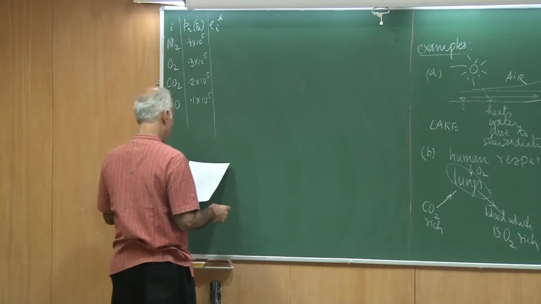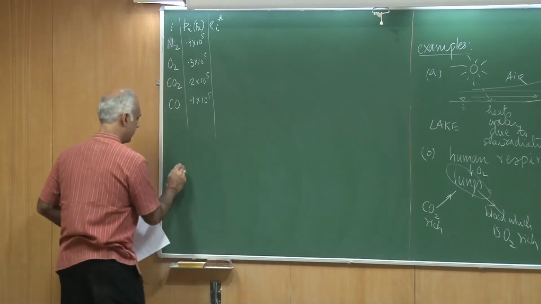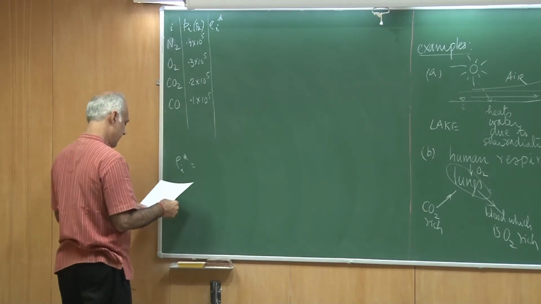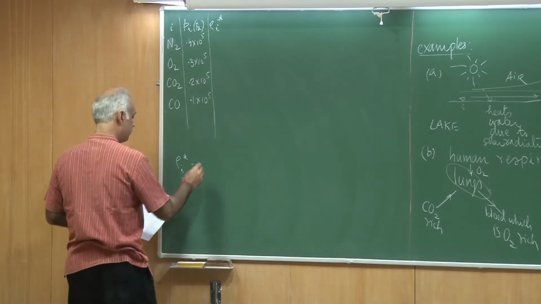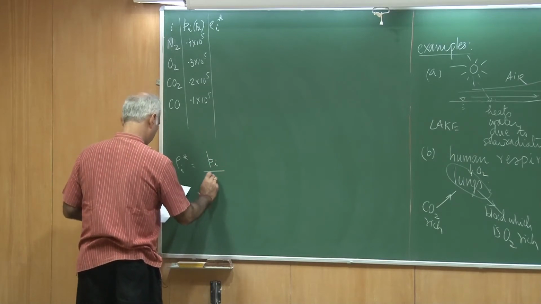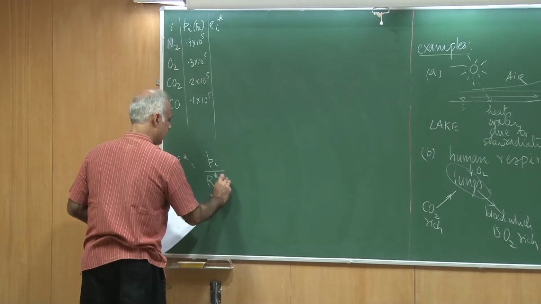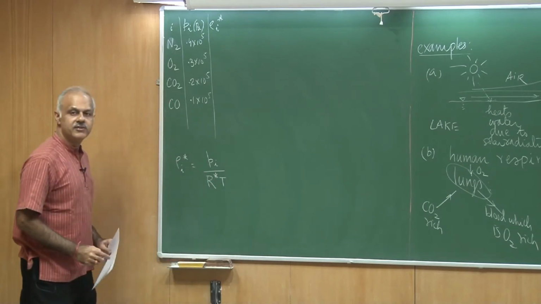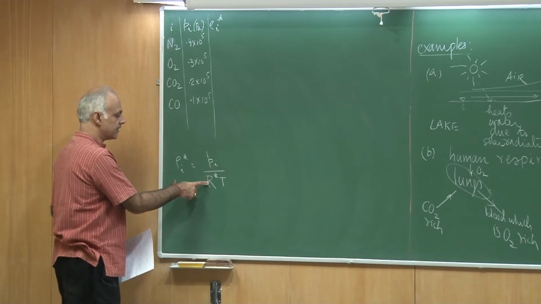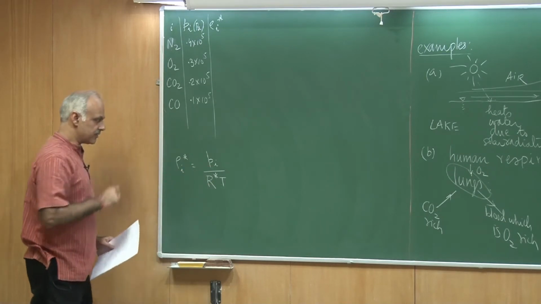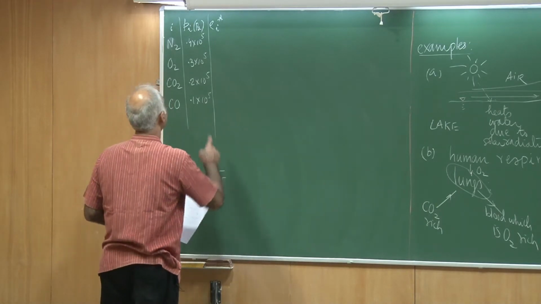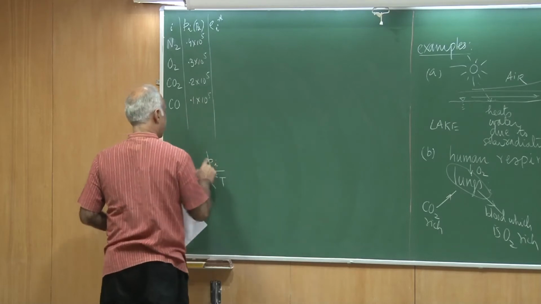So rho i star, in fact I can use this expression that it is going to be Pi divided by R star and T. Okay, this we have already written. So Pi is the partial pressure, R star is the universal gas constant, and T of course is the temperature. So for nitrogen, I can plug in the number here.